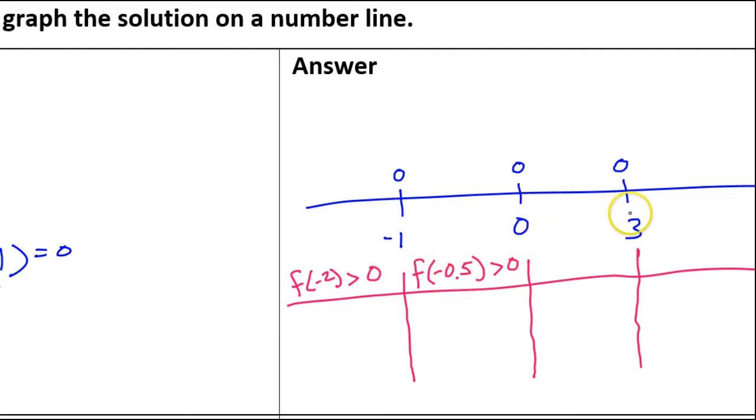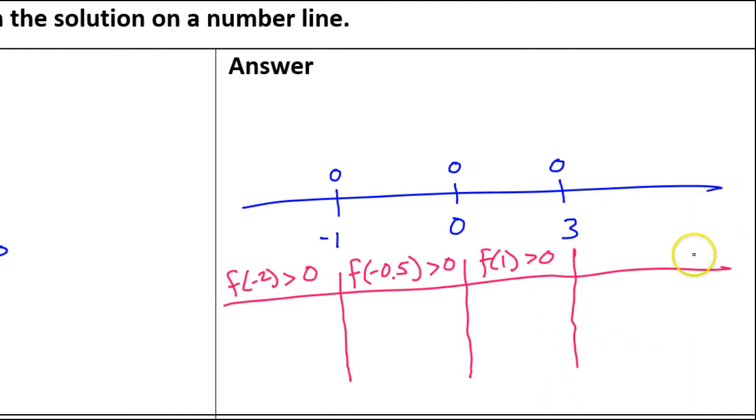Now, between 0 and 3, that's going to be a little bit easier. I would probably pick 1 or 2, if just sticking to whole numbers. I'll just pick 1. So let's find the value of the function at 1 and see, is it greater than 0 or not. And finally, I need a value in the last interval that's greater than 3, so I will pick 4. And again, I want to see, is the function greater than 0 there?